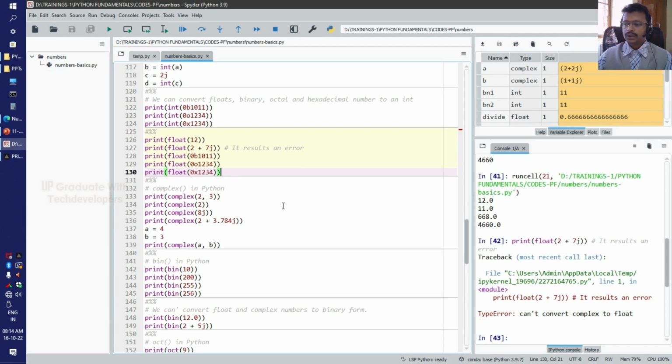We can use the complex function to create a complex number. This complex function takes two arguments: one for the real part and another for the imaginary part.